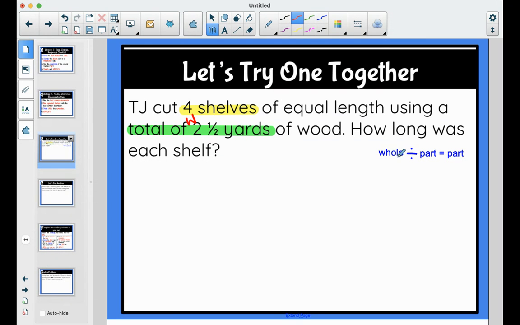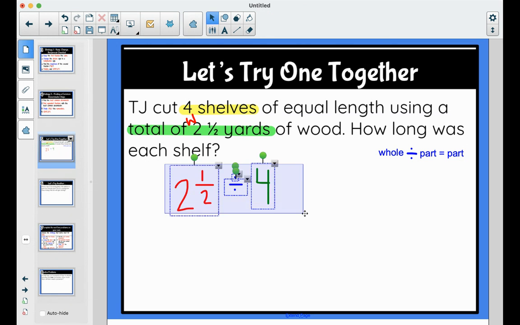So since we do whole divided by part, we are going to do 2.5 divided by the 4. That is going to be our part in this division sentence.